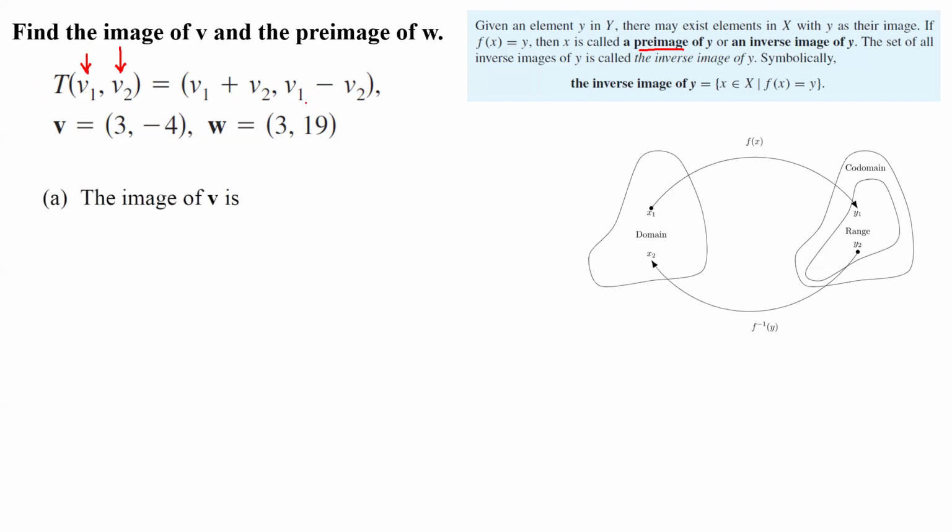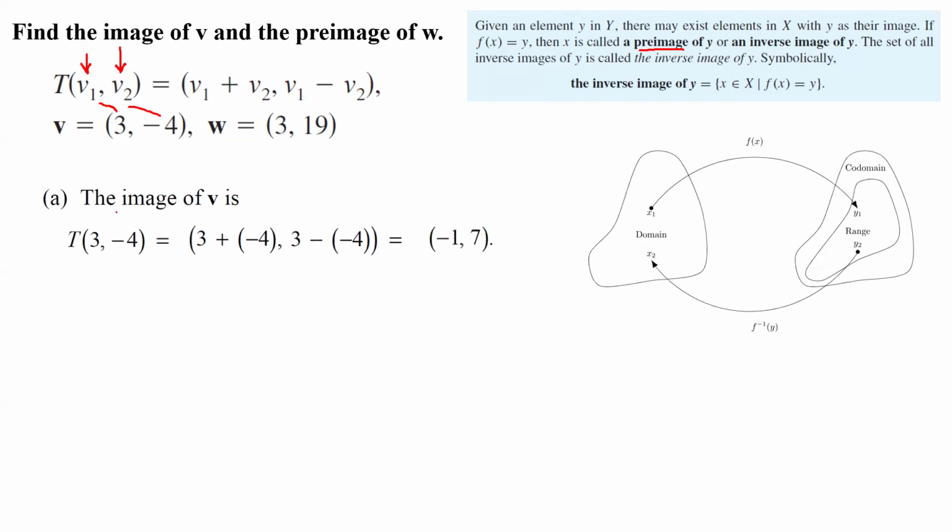So let us begin. The image of v is T of 3 and negative 4. Wherever you see v1, you're going to plug in 3. Wherever you see v2, you're going to use negative 4. So you basically say, now I have 3 plus negative 4, and then 3 minus negative 4, which becomes negative 1 and 7.